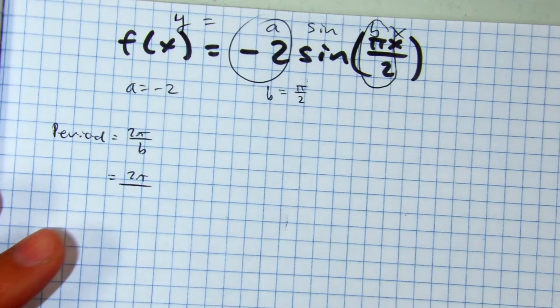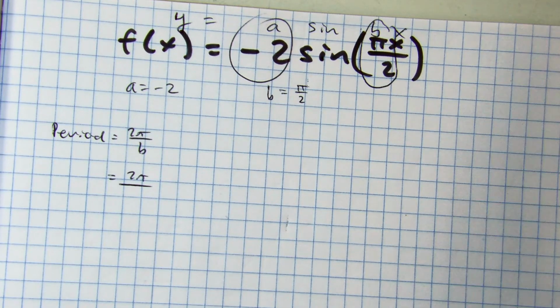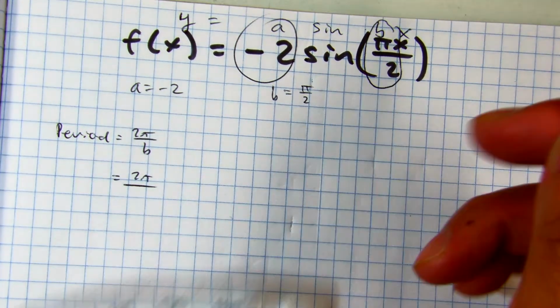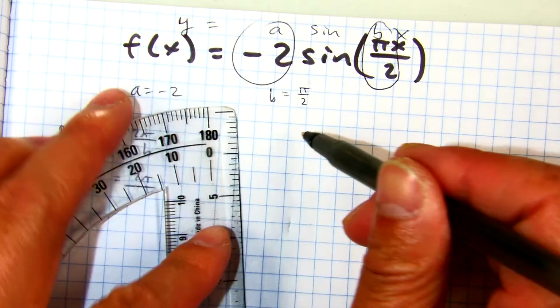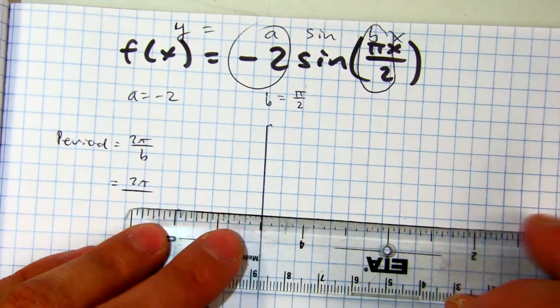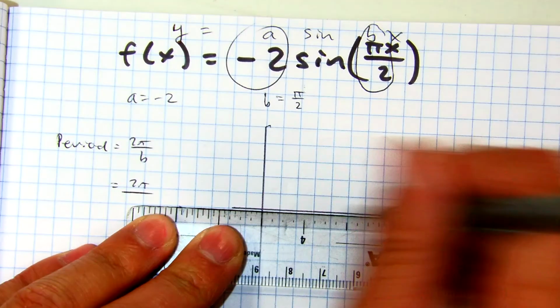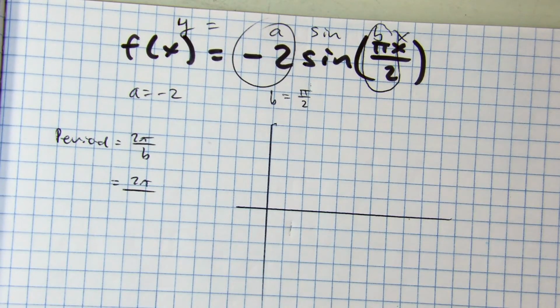What's our B value? What's our B value? Pi over 2.